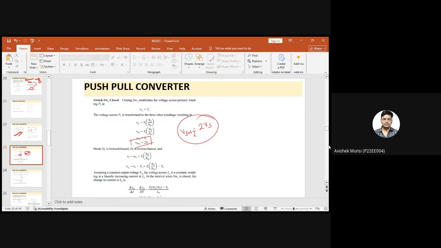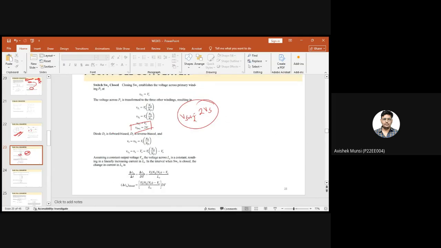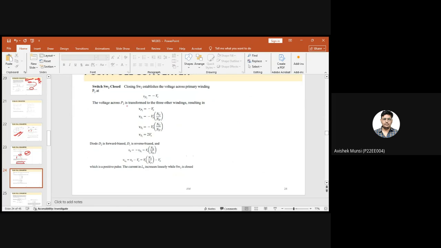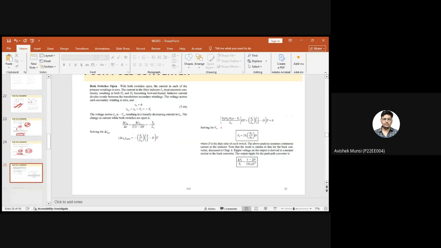So if you finalize, this is the inductor ripple when the switch is closed, we solve this equation. Similarly, when the switch is closed, we are getting the inductor voltage as this. Now here during this period of time we'll have twice the voltage of Vs. Okay.